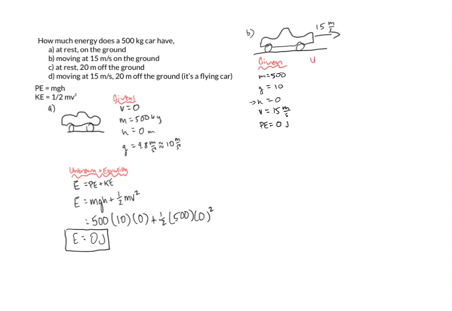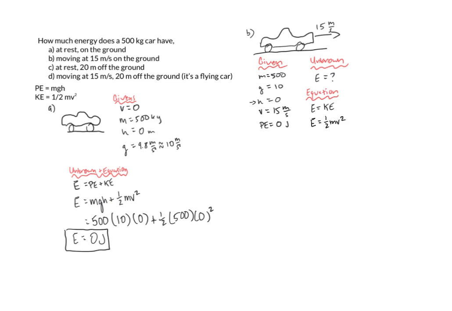So now let's go through our unknown, and our unknown here is, again, our total energy. And now we can go ahead and add in an equation. Our total energy is just equal to the kinetic energy because, again, our object has no potential energy. So expanding that out, we have E equals 1/2 mv squared.